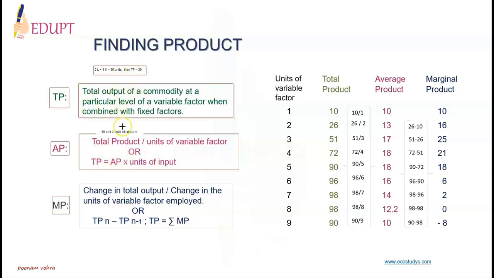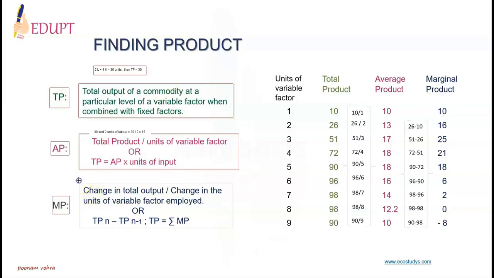Continuing with the same example, if total product is 30 and 2 units of labor are employed, then average product would be 30 divided by 2. That is 15.